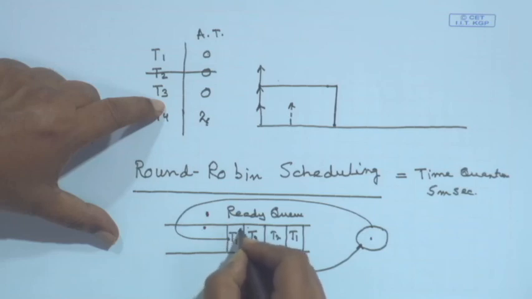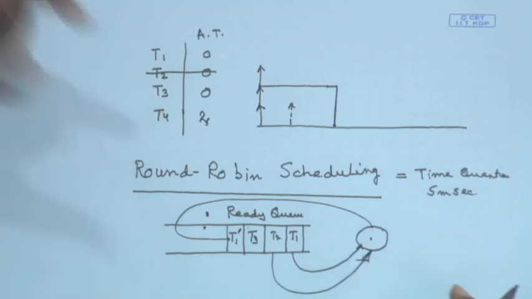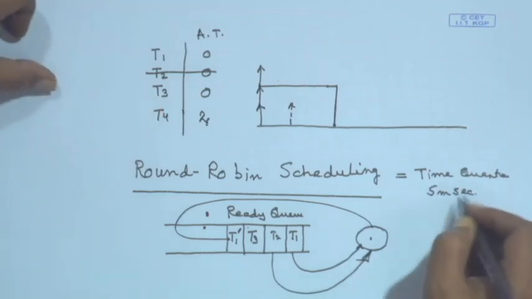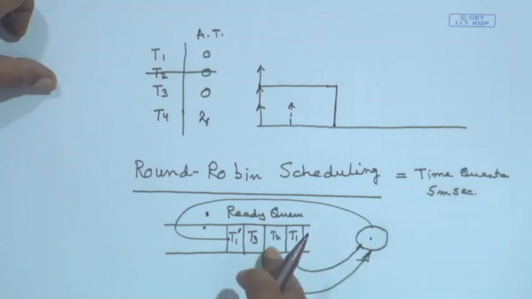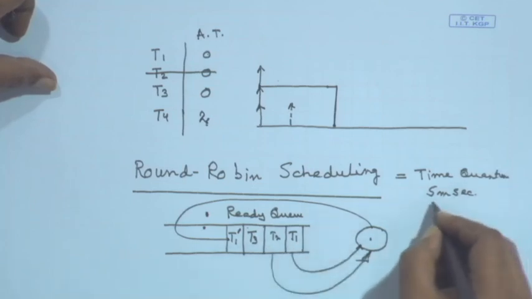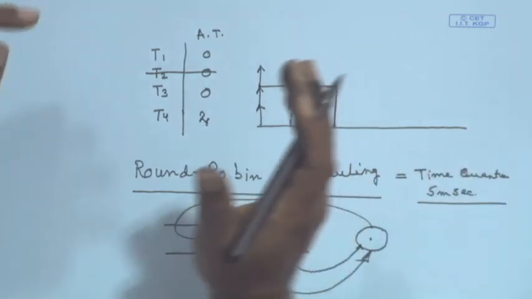T1 second installment comes back here and then T2 will get it. So, this is also preemptive. The preemption is being done not because of the arrival of some other job, but because the time quantum has elapsed. So, everybody has been given some time quantum, that time quantum is elapsing. So, that is being taken back, all right.